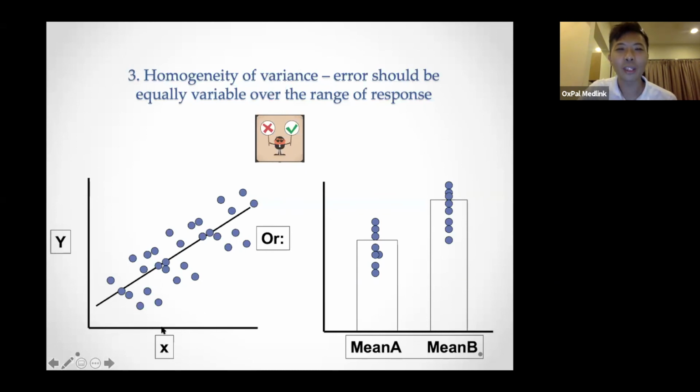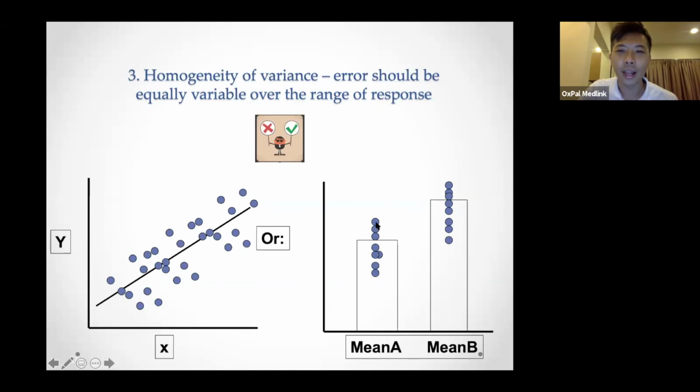Homogeneous variance means the variation does not change over the range of the response. So as X increases, the variation does not increase. As X changes from male to female, the variation is not different, okay?